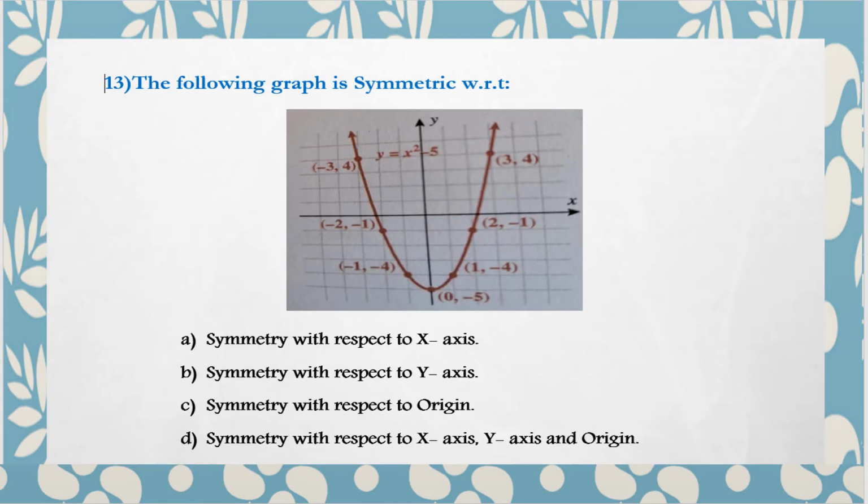Another graph, by taking different points, 3 and 4. This is x and y, and on the other side minus x and y only, and this means this is symmetric with respect to the y-axis. Or other values x and y, and on the other side negative x and y.